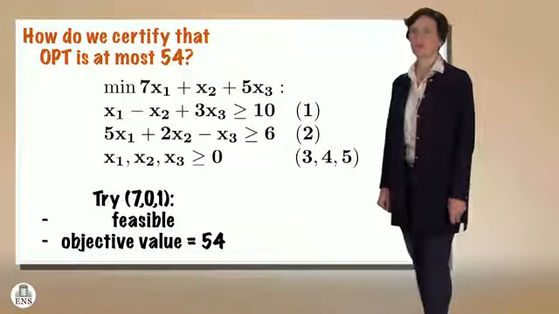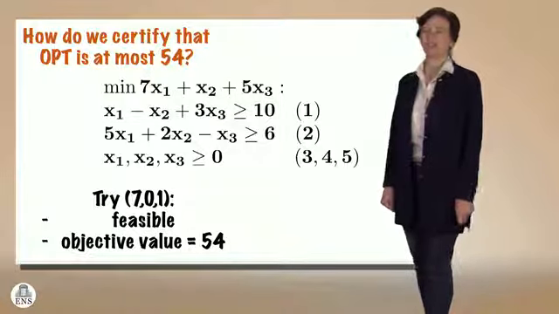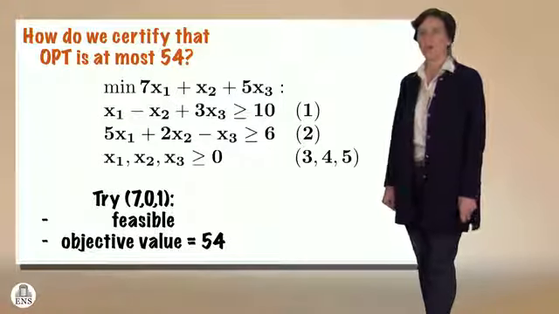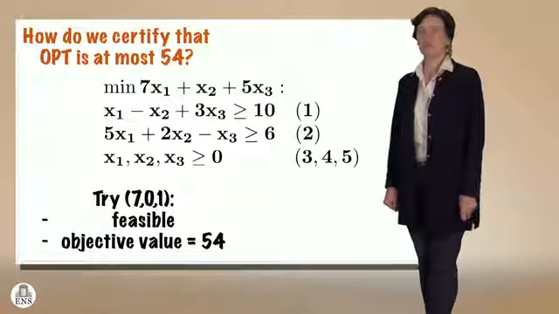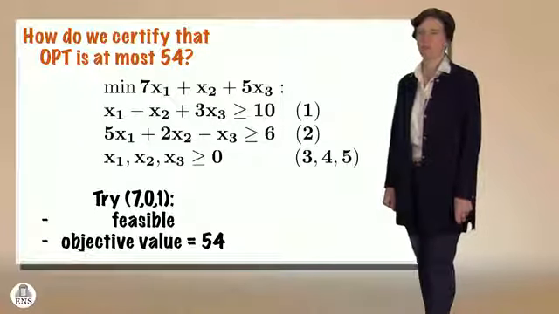This is greater than or equal to 6, so the second constraint is satisfied. And of course, 7, 0, and 1 are all greater than or equal to 0. So 7, 0, 1 is a feasible solution. And what is its value? Its value is 7 times 7, 49, plus 0, plus 5, that's 54.